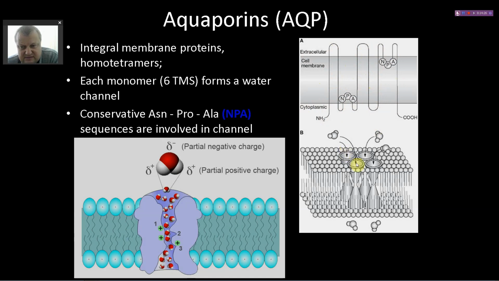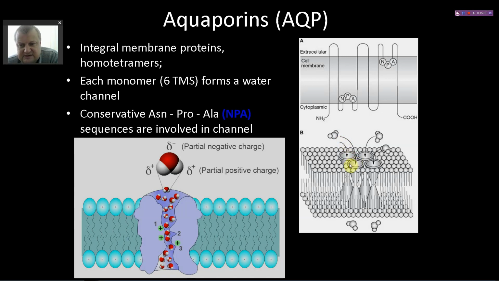And a conserved sequence of asparagine, proline, and alanine is involved in the formation of this channel. Here you can see this specific sequence of amino acids, and each monomer provides a water channel.